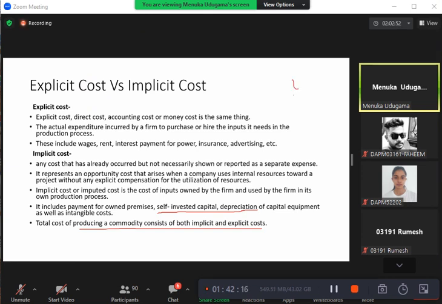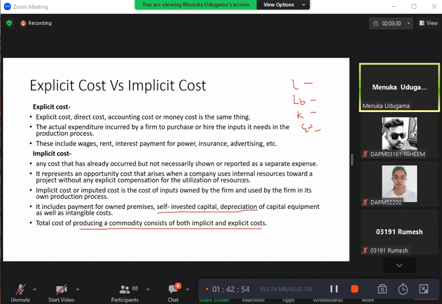Land, labor, capital, and entrepreneurship, right? So for land, it would be the rent. For labor, it's the wage; for capital, interest; for entrepreneurship, salary, or shares, or the profit. So these are the factors of production, or insurance, advertising. Any out-of-pocket cost would come under explicit cost.